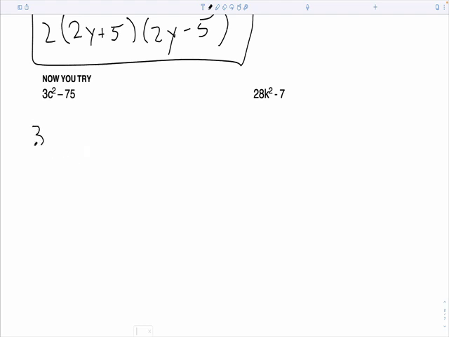What do I factor out of 3 and 75? Let's try a 3.